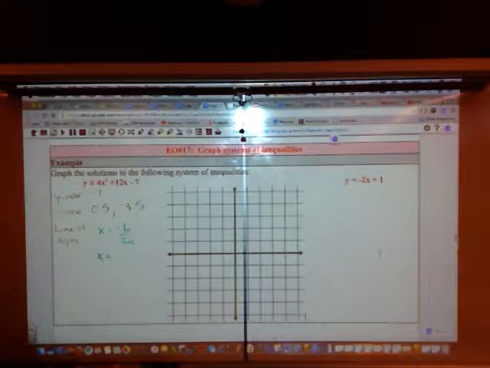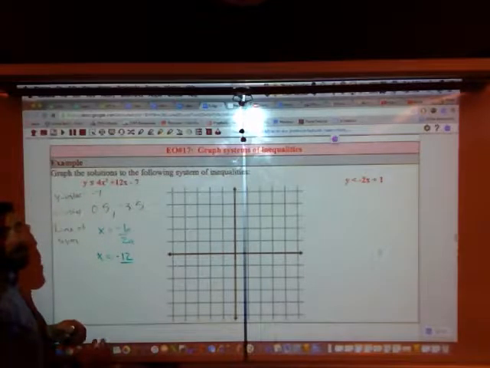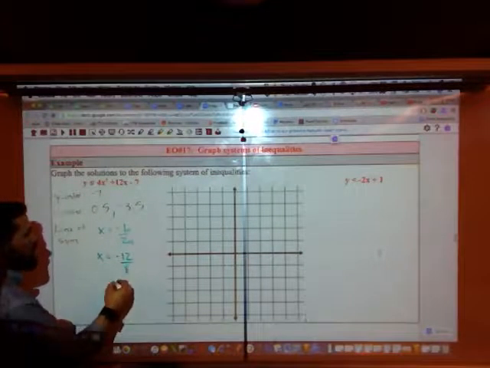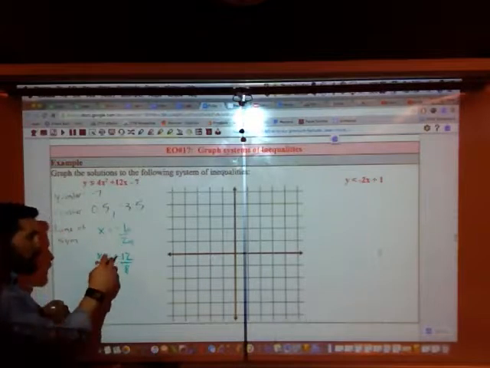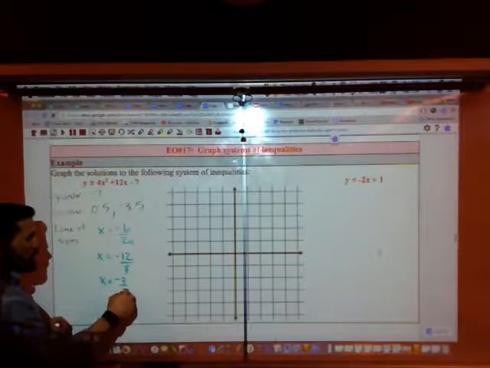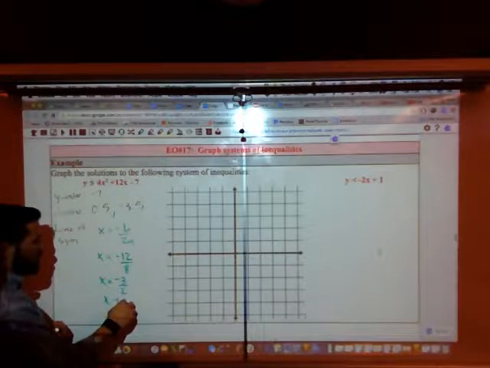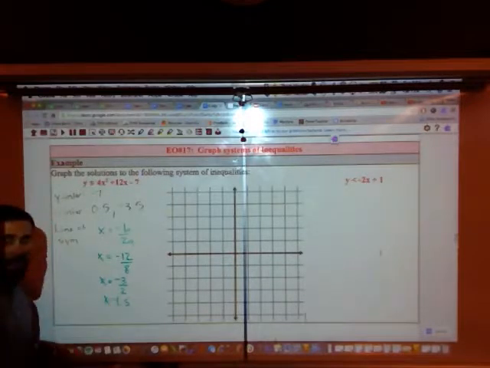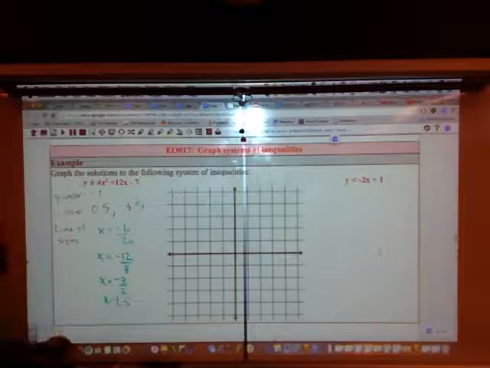So the opposite of b would be a negative 12, and then all over 2a, that'd be 2 times 4. So that'd be 8. I can reduce that. 4 goes into both of those, it's a negative 3 over 2. 4 goes into 12 three times and into 8 twice. So basically, x is a negative 1.5 for the line of symmetry, and where we're going to find, in this case, a minimum. So those are my critical points.